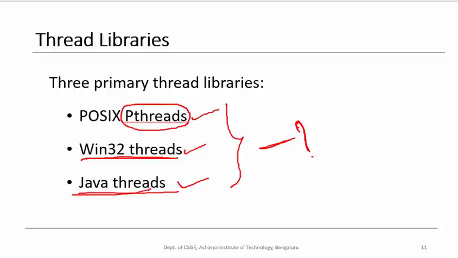Let me now take you through one of the example applications that I have created, which will make things like creation of threads and how a thread executes within the address space of the process very clear.